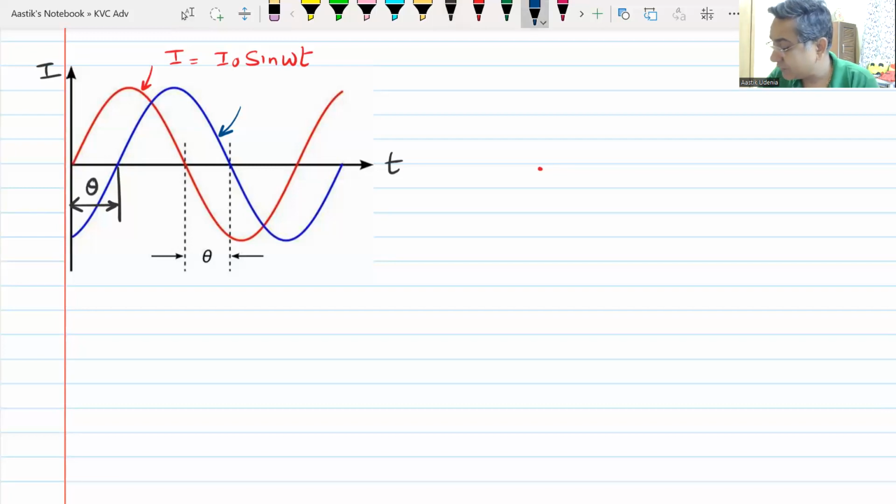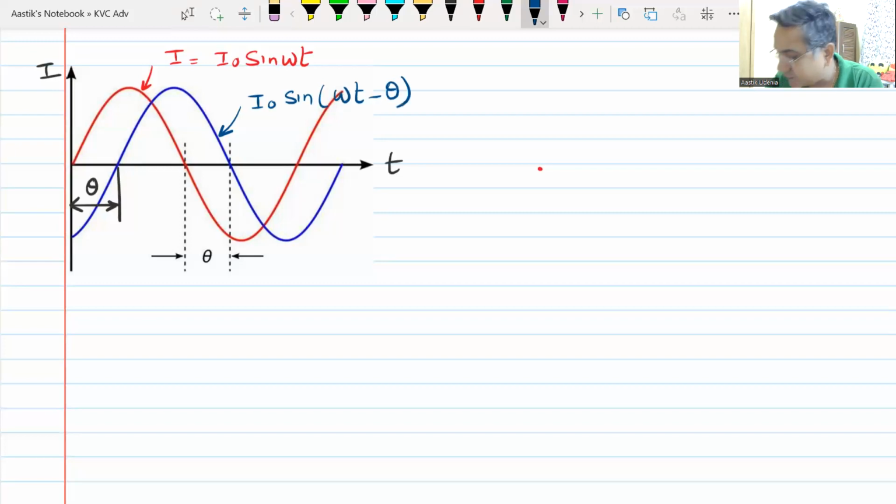This wave, do we remember something, sometime before I told you, leading, lagging? Okay, let me not waste any time. This wave is behind the sine wave, and it is behind the sine wave by an angle theta.